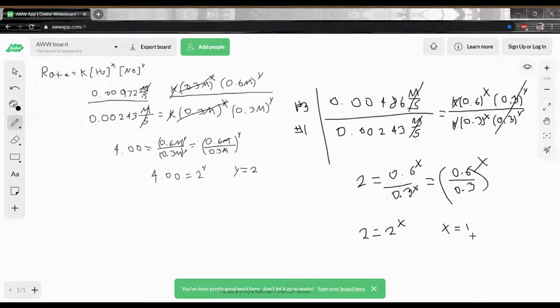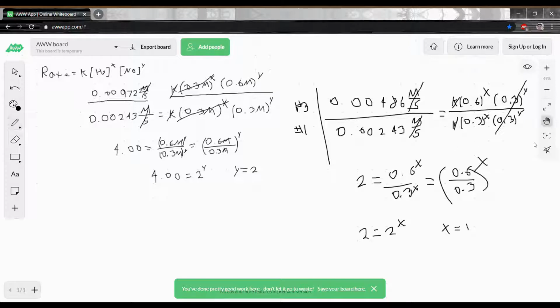And now we have the order of our reaction. So the overall order of the reaction is going to be 3 because that is this y term plus the x term. We can use these now with any one of the trials to calculate for our rate constant k.